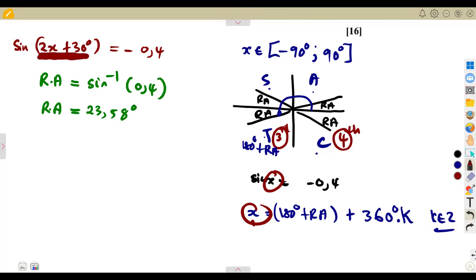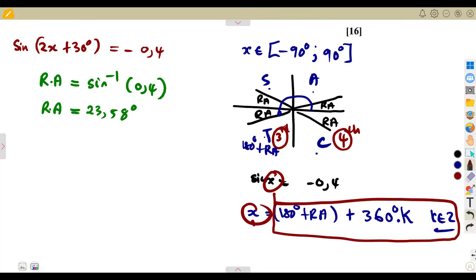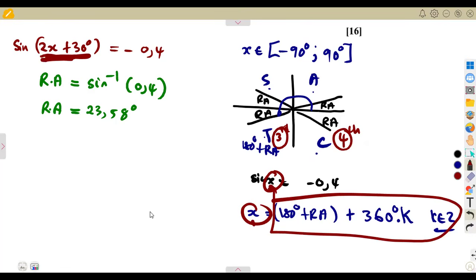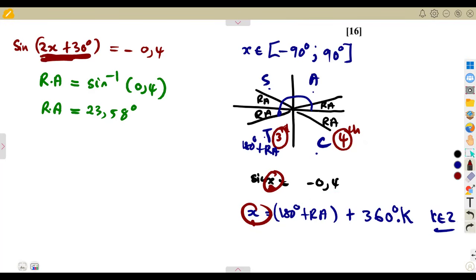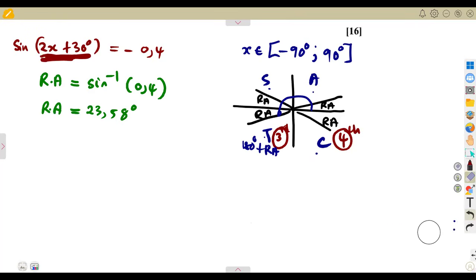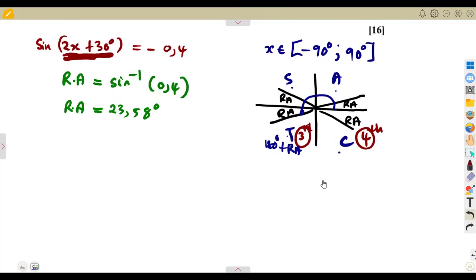So you take it the way that it is, but maintaining the general solution concept. Meaning, this is not just x, just like the way that it was sine x. That is why we're saying x is equal to. Now it is going to be 2x plus 30 is equal to this. 2x plus 30, you take it the way that you're given there. Then you calculate for x. You solve for x.